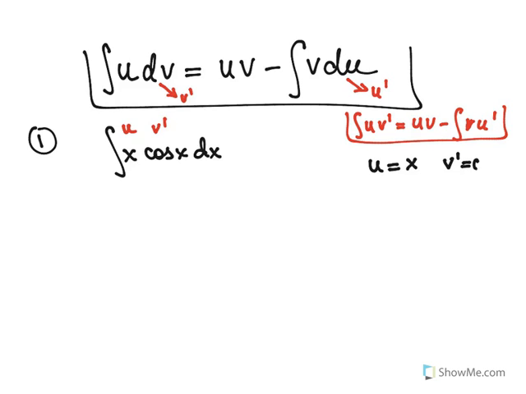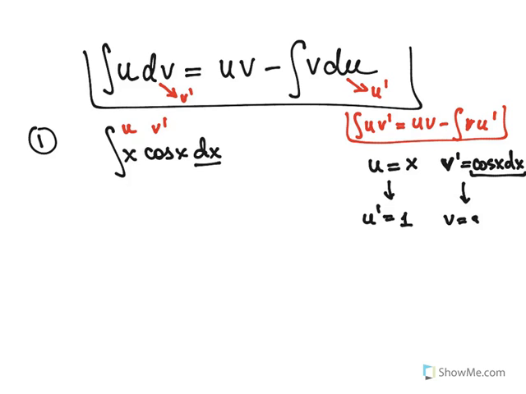It always helps. Cosine x dx. Obviously, you include the part dx because this represents the derivative of v. That's one whole thing. So now, let's find u prime. So u prime equals 1, right? And v, so basically you're looking for the integral of cosine.